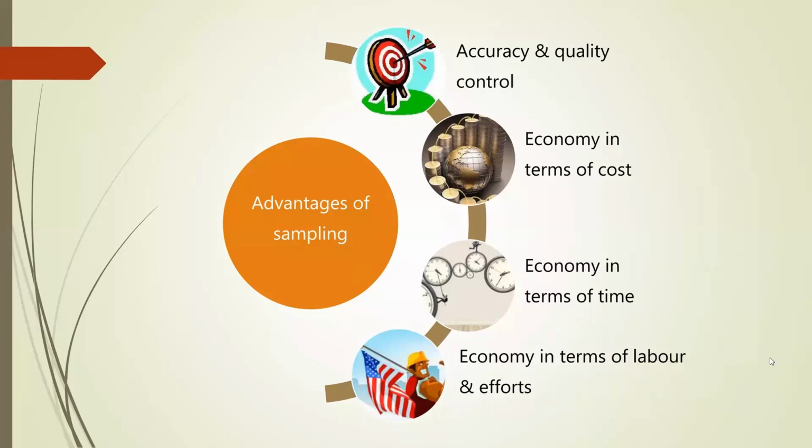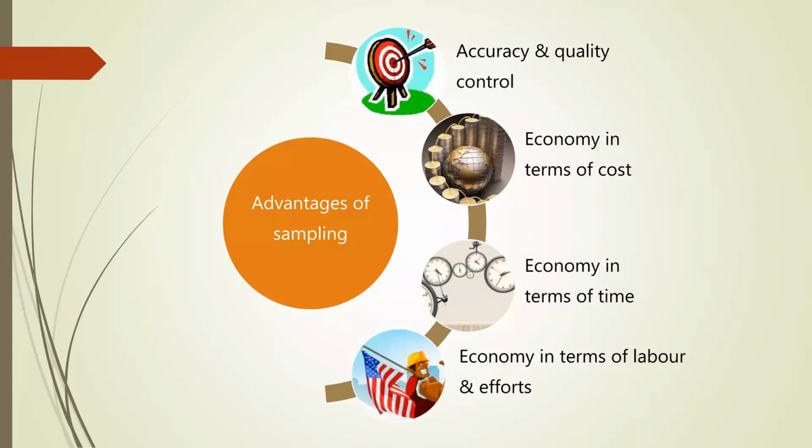These are a few advantages of sampling: whenever you are doing sampling, it gives you accuracy and quality control. Then it gives you economy, and it should be economic, because you cannot study the whole population. You are taking some part of it. When you are taking some part of it, it's more economic.